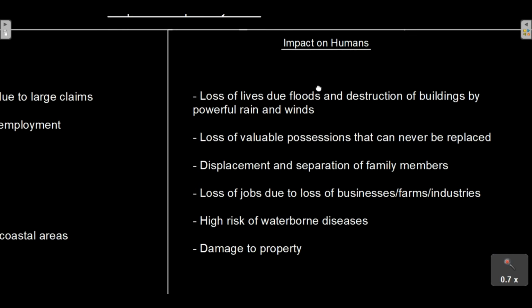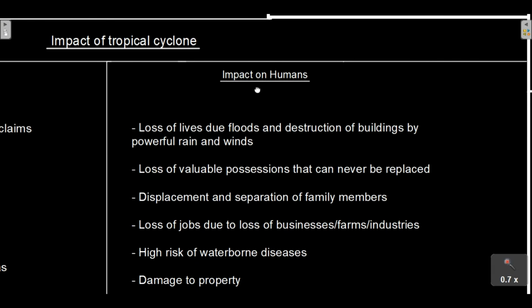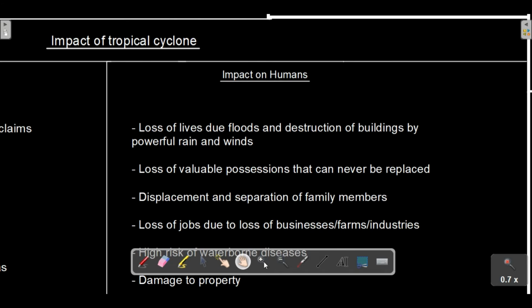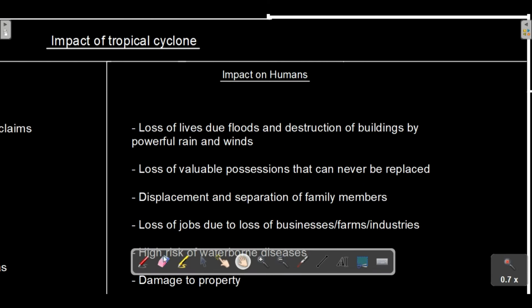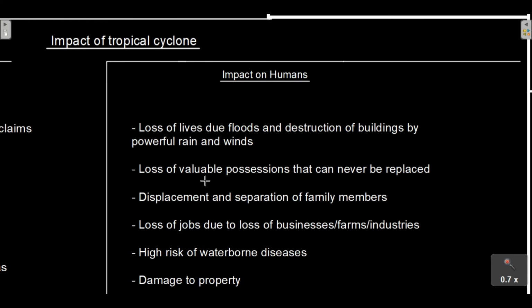Okay. So, as you might have expected, when it comes to humans, guys, the first thing that comes to mind is the risk to our lives. We lose lives due to the weather conditions that they bring. So the first point in your paragraph should be the loss of lives, due to flooding.